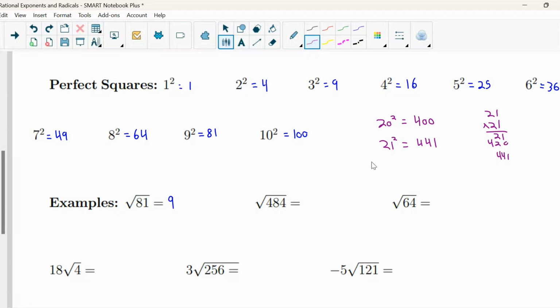So before we try to simplify, let's also try 22 squared. 22 times 22. Let's see, we've got 4, 4, 4, and 4. So that's going to give me 484, which is perfect. So we know that if we take the square root of 484, we are going to get 22. So 484 is a perfect square. It's just not an easy one to notice.